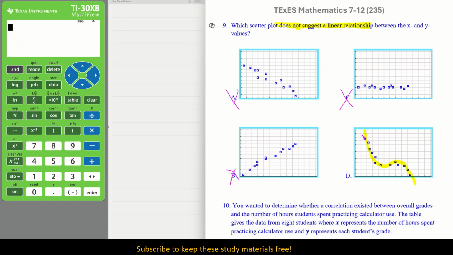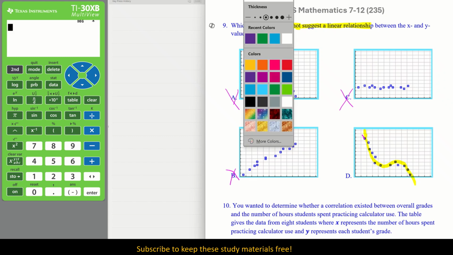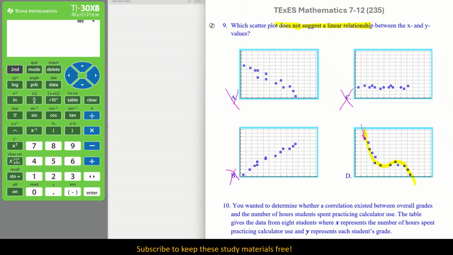So this one is a non-linear relationship. All right, it's got a type of curve, but not really what we want. We might even be able to do this and get it to work better like this, although if you want it to be more precise, the yellow, either way, this is not linear. That's the point. So D is what we need to answer that.